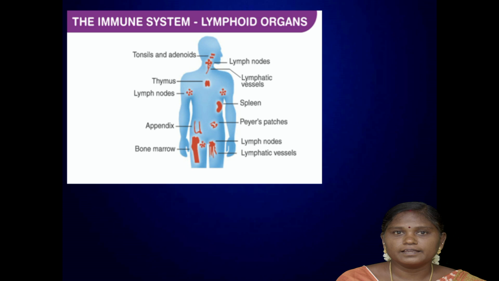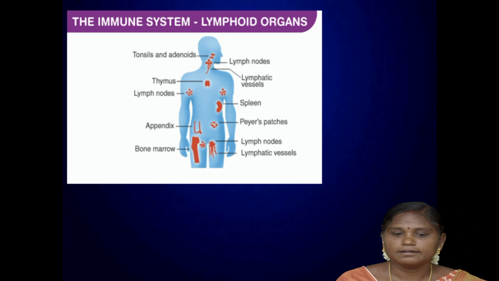This is the place where the T and B cells, the immune cells, are created. Then secondary lymphoid organs are lymph nodes, spleen, tonsils and other related tissues which are involved in the immune system. So these are the primary and secondary lymphoid organs involved in the immune system.